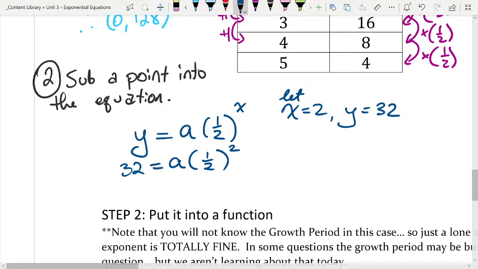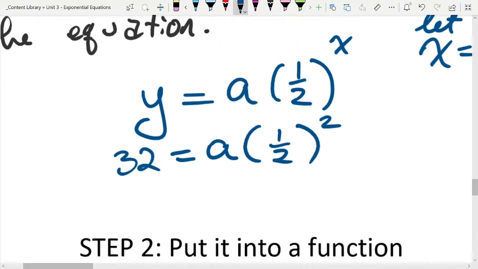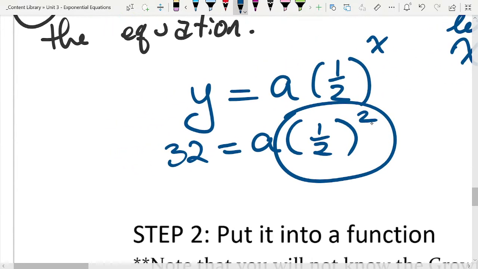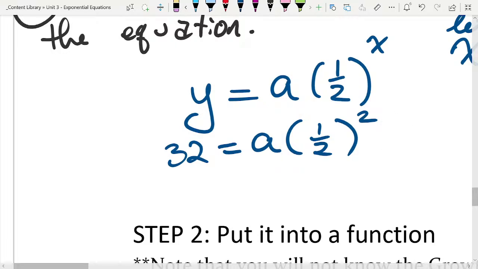And now how would we solve for a? Well, could we do this math? What is a half to the exponent 2? 1 to the exponent 2 is 1. 2 to the exponent 2 is 4. So a times a quarter equals 32. How do I get rid of multiplied by a quarter?